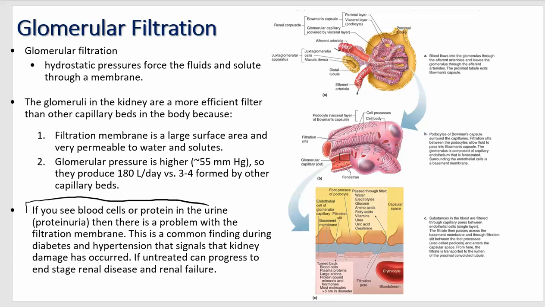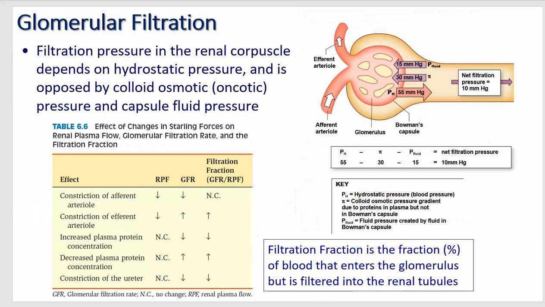But what happens when the capillaries break down is you have the glomerular diseases, and you can see proteins and blood in the urine. Okay, so it's a common finding during diabetes and hypertension, and it signals that kidney damage has occurred, and if untreated can progress to end-stage renal disease and renal failure. So this glomerulus is a place that kidney disease can manifest.